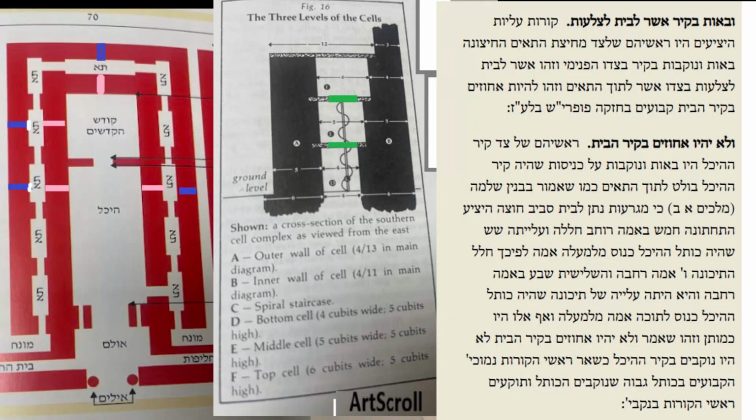So, he says, Kedes Aliyah Zayitzim, the beams of the cells of the top story, the ends were in the outer wall, which is the blue, or the A on the picture of the ArtScroll. So it went inside and punctured the wall inside, to the side that was towards the interior of the wall, of the cells.